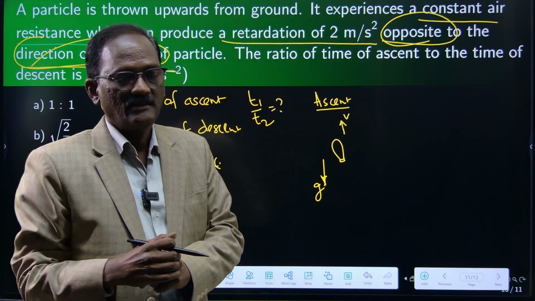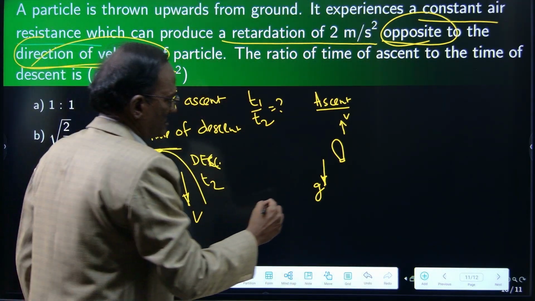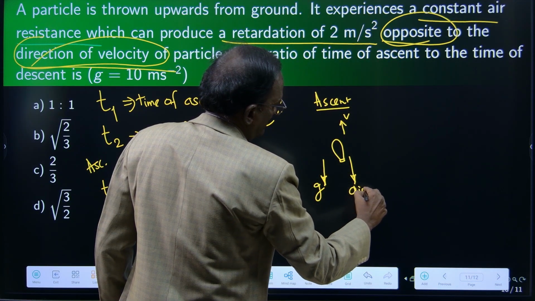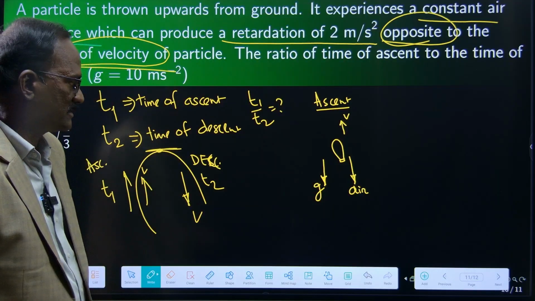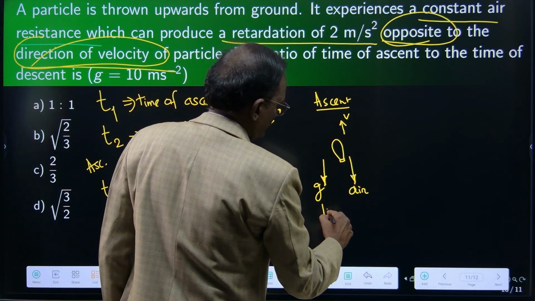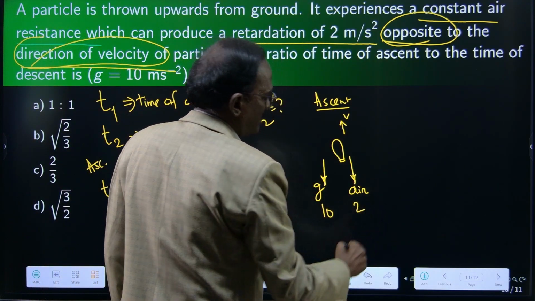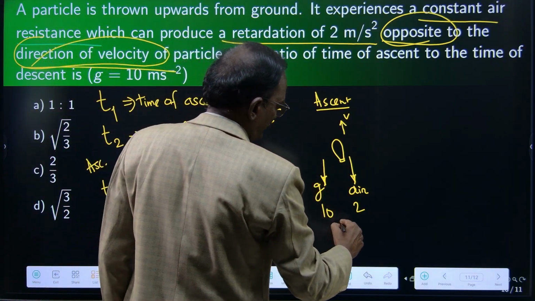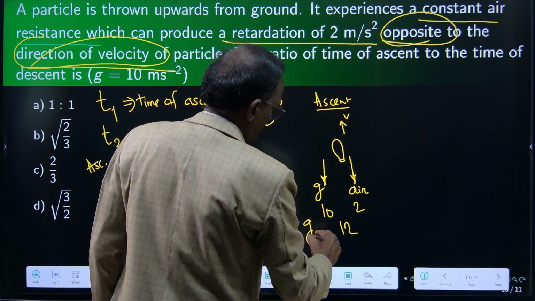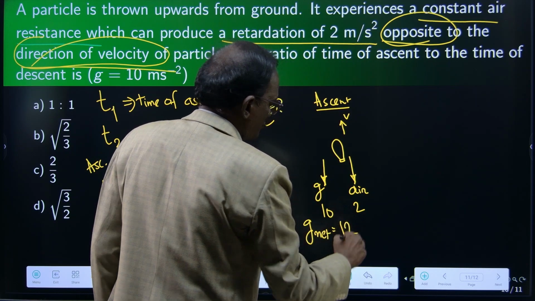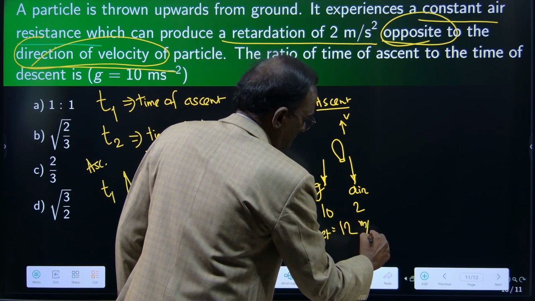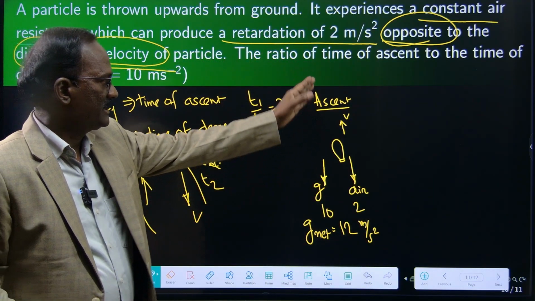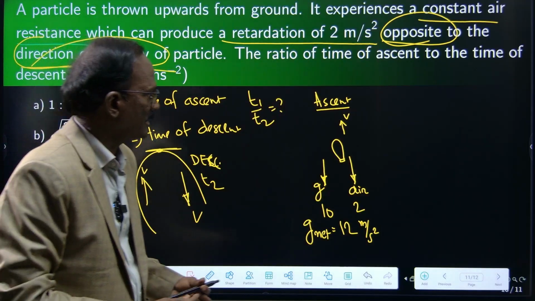Retardation is opposing the direction of velocity. So velocity is upwards and air resistance is acting downwards. This value we know is 10, and this value is given as 2. Both g and air resistance are acting in the same direction, so net value is 12 meter per second square. This is 2 meter per second square, air resistance acting opposite to the direction of velocity.